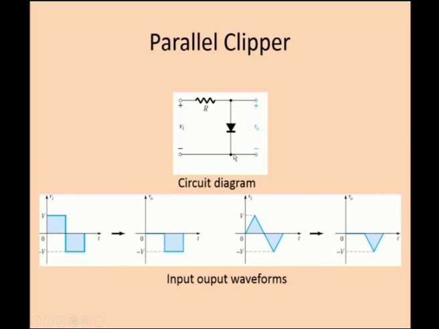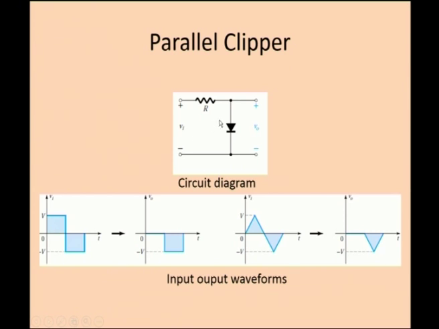If there is an open circuit, all the input voltage can be drawn across the output terminals. So, the output terminal will follow the input voltage only when the diode is reverse biased, because the diode will be an open circuit. So, the output follows the input.